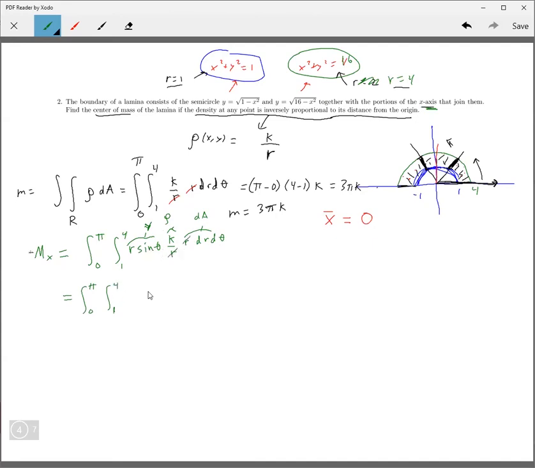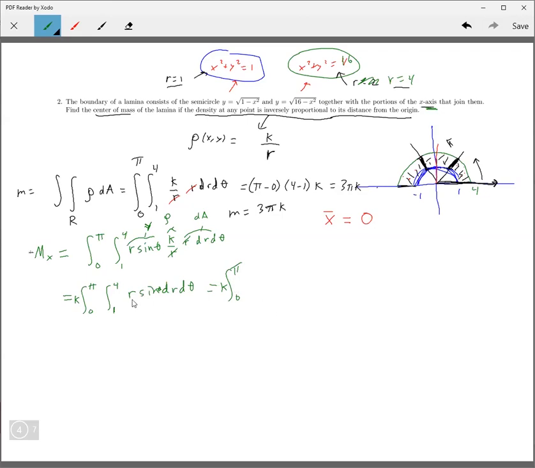These r's cancel, but anyway, we get an r sine theta dr d theta. Oh, I forgot, there's a k right there. It's just a constant, so I can pull it all the way out.